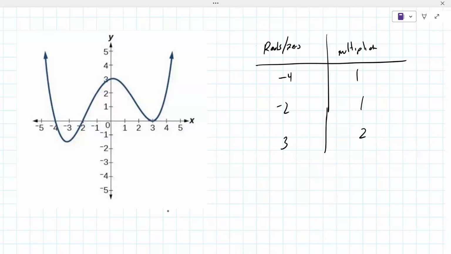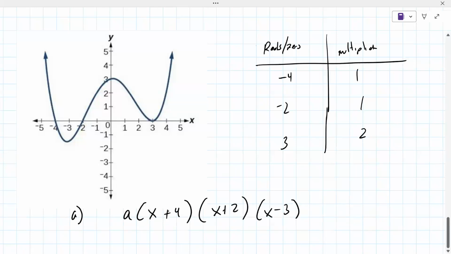And then you start by writing it in factored form. So that's part A. It's A times x plus 4, x plus 2, x minus 3 squared.